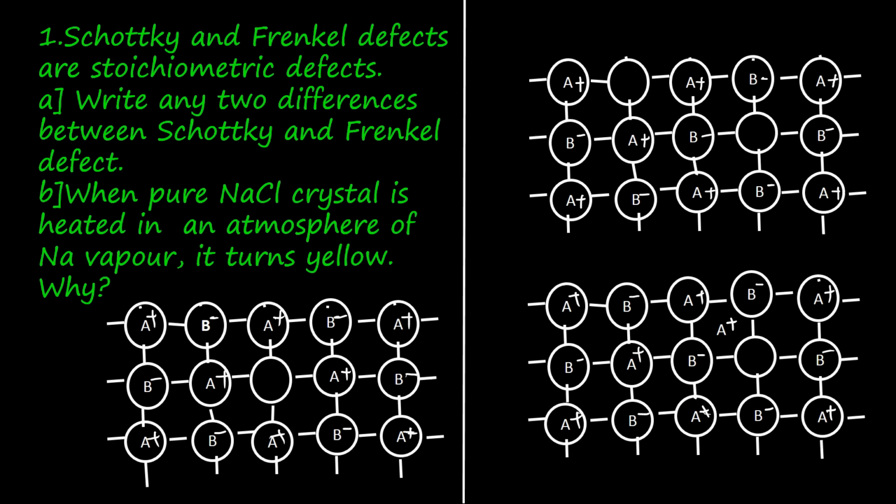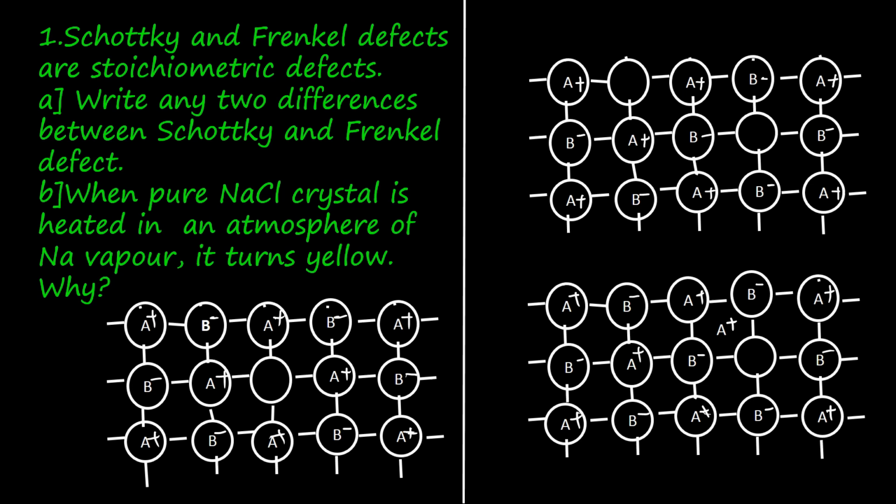Stoichiometric defect is one type where the defect in the crystal does not affect the stoichiometry, that is the ratio of the atoms present in the molecule of the compound. In non-stoichiometric defect, due to the defect, the stoichiometry is affected. The stoichiometry is not maintained. In impurity defect, the crystal has certain impurities and therefore the arrangement of the particles gets altered.